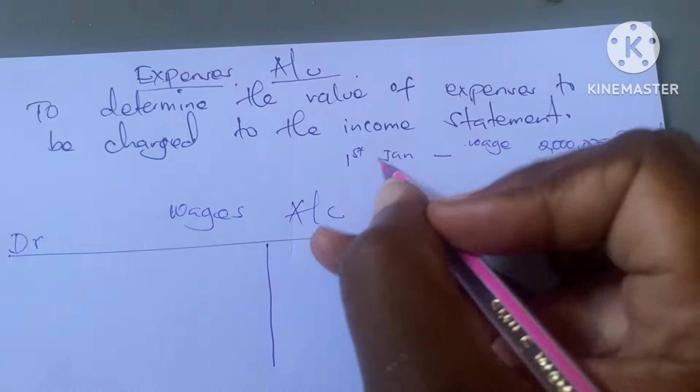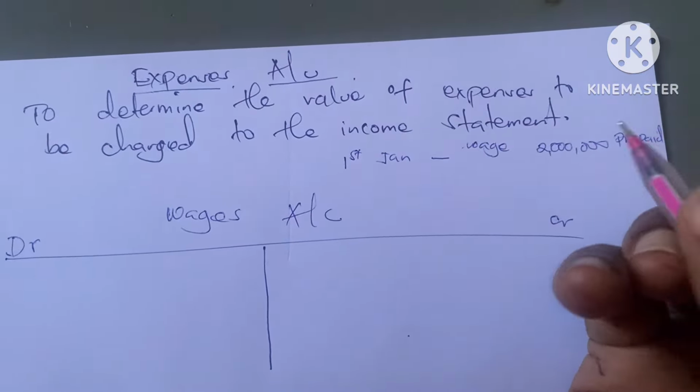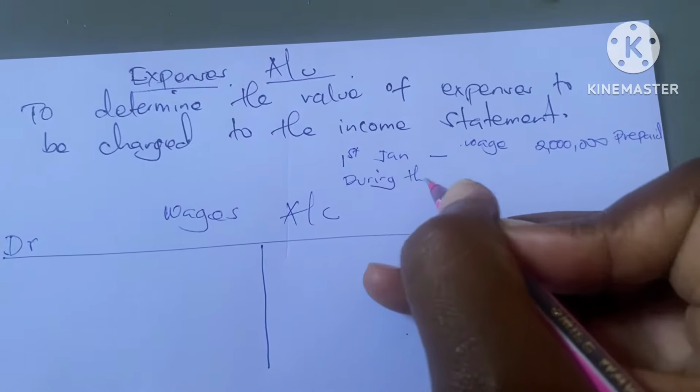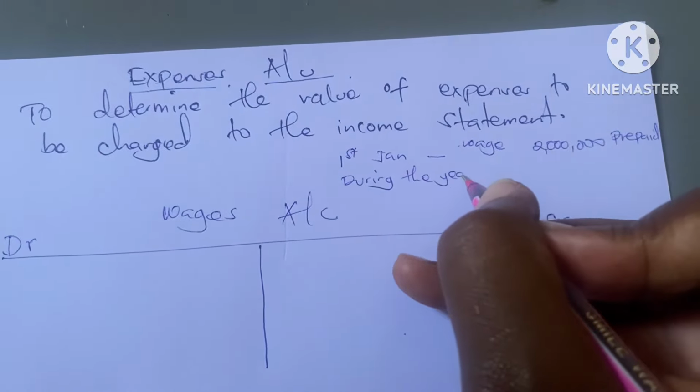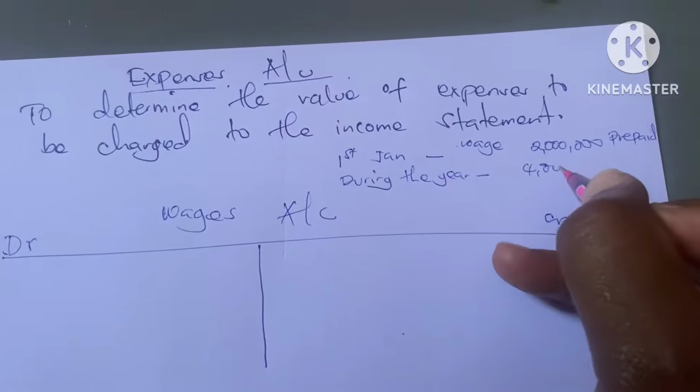Then the wages that were incurred during the year were for 4M.